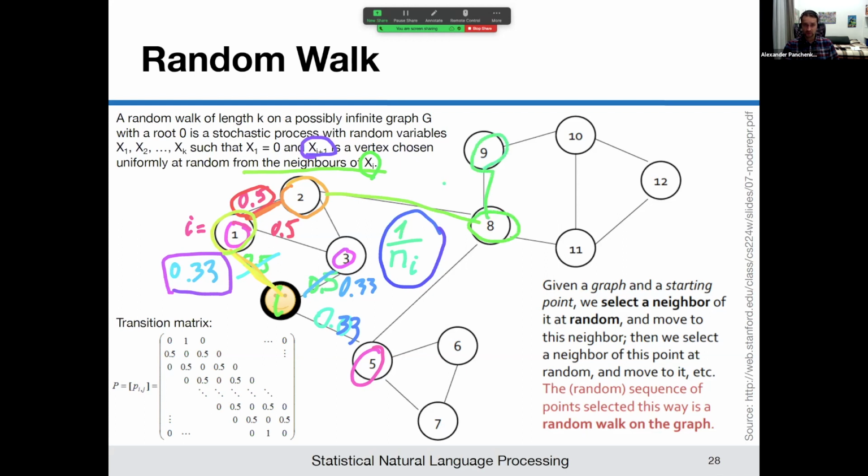And let's say if you have a random walk of k equal 5, then you're going to have these 5 visited nodes.